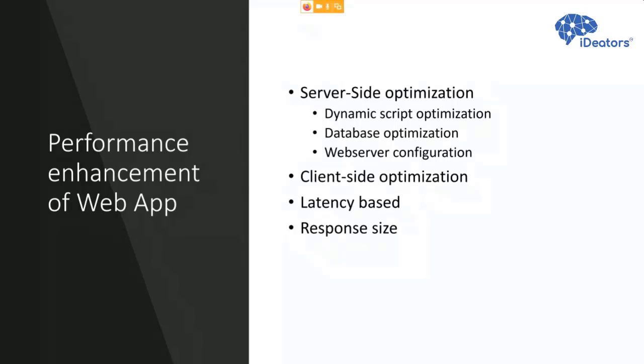Then you have client-side optimization, where you check that your client-side scripts are written in an optimal manner so that they don't take a lot of time to render the information. For example, if you are rendering a list of 1,000 people, you will try to show only 20 users at a time rather than rendering all 1,000 students.